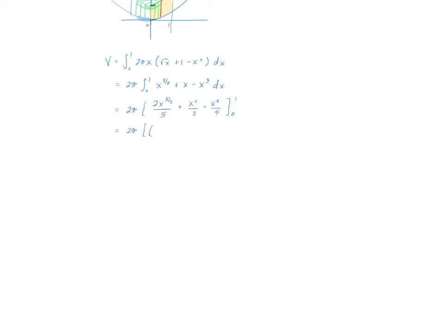So if x is equal to 1, we have 2/5 plus 1/2 minus 1/4, and we just subtract the 0 plus 0 minus 0, which I didn't really have to write.